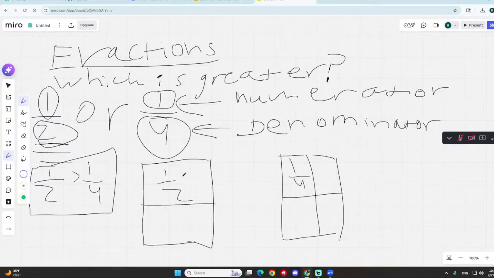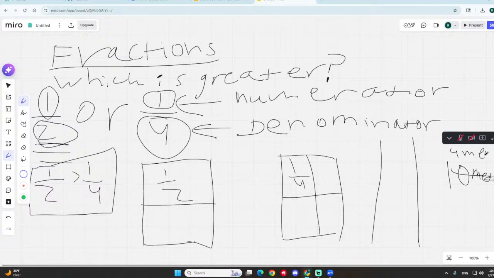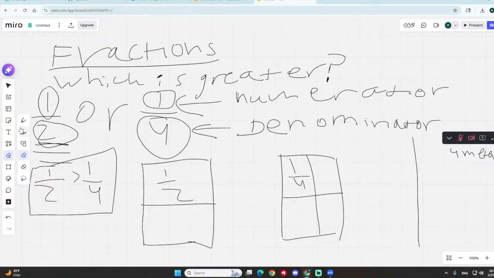Because if we have a half, let's say this paper, let's say we have a line here, and this line is, let's do 4 meters. Okay, this line is 4 meters. So 1/2 would be right around here, right?